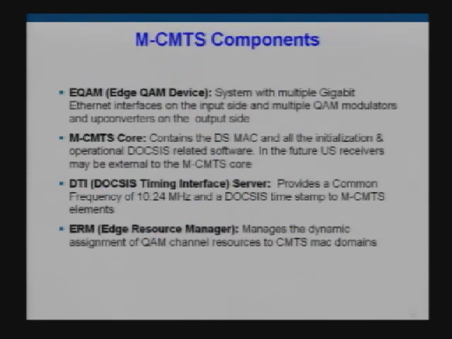So what is listed here are the different MCMTS components. We have already talked about the EdgeQAM device and MCMTS core, and the DTI, or DOCSIS timing server, is the timing server which provides DOCSIS standard timing information to the MCMTS components like the MCMTS core and the downstream PHY shelf as well as the upstream PHY shelf, etc. And the DTI server typically provides a 10.24 MHz DOCSIS standard clock and a 32-bit DOCSIS timestamp.